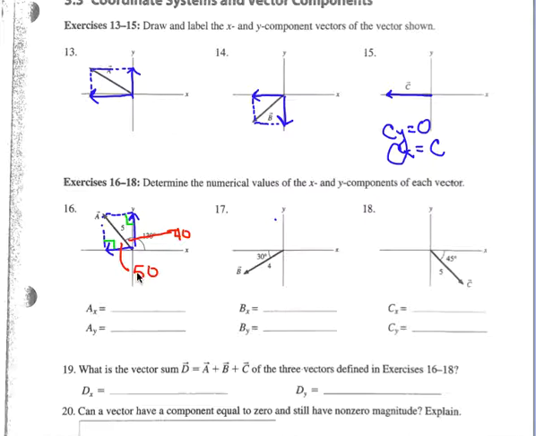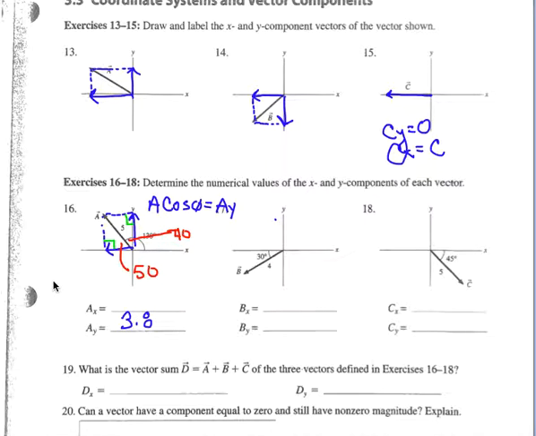So to find our y component of A, we use trigonometry, and we use the cosine of our 40-degree angle in this case to find the y component of A. And that would be 3.8.